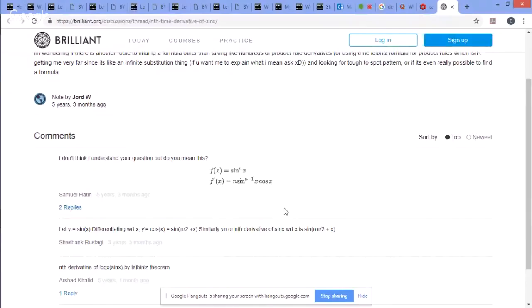Okay, so let me screen share, and this is just the formula for sine. So it would be n, n minus 1, and then it's x cosine x.